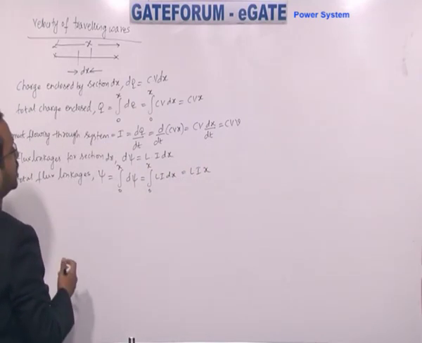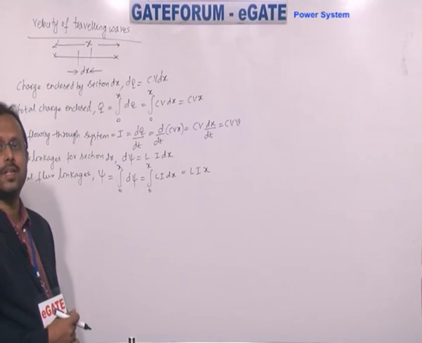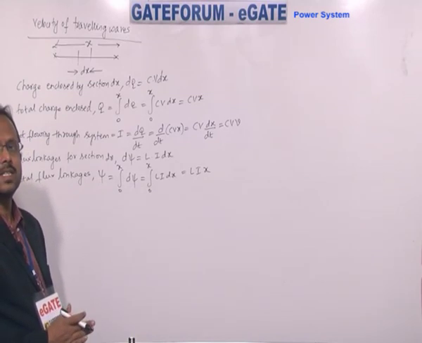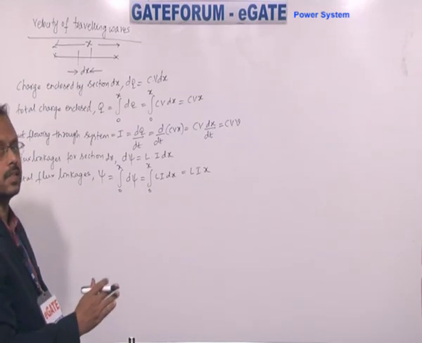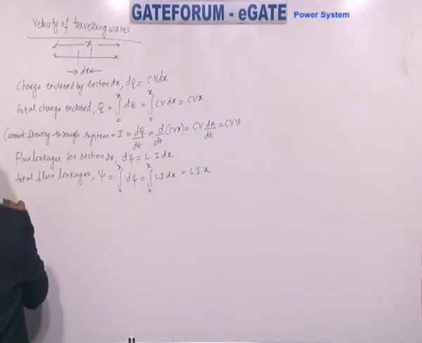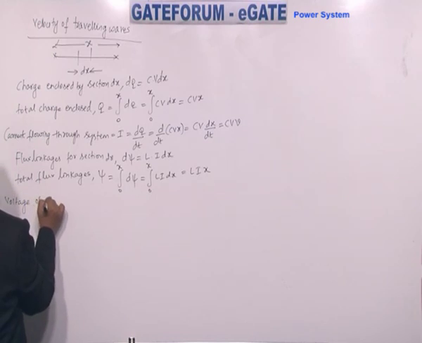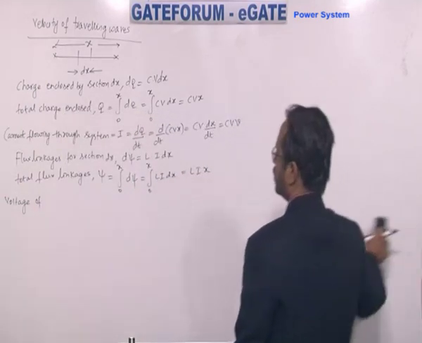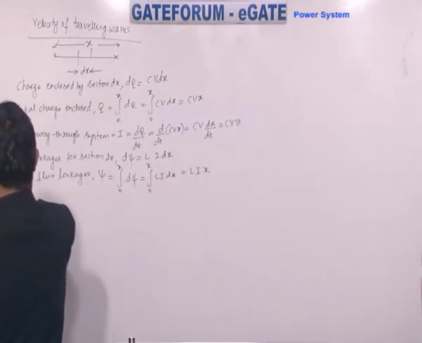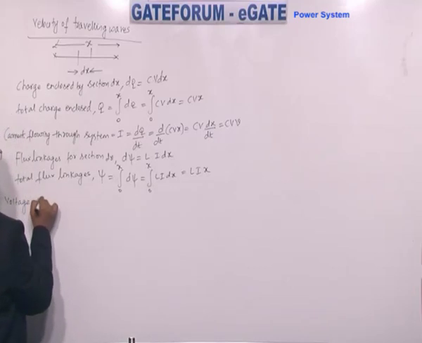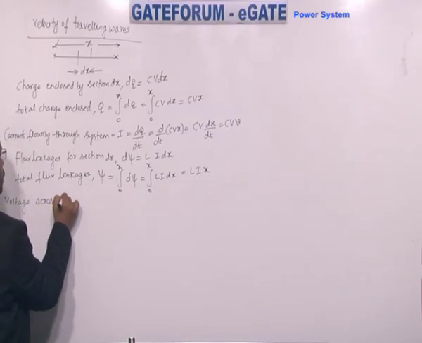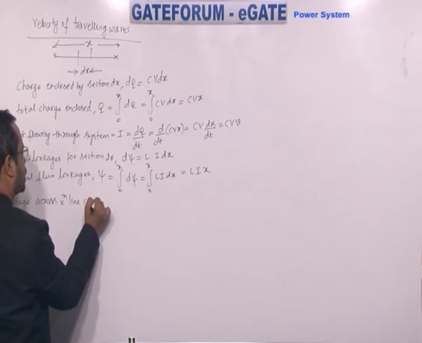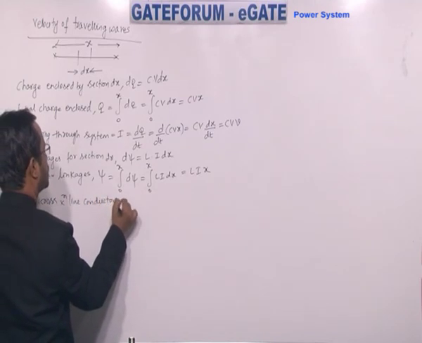Now once you know the flux linkages, how do you check the voltage? Voltage is the rate of change of flux linkages. You write the voltage across the transmission line conductors.